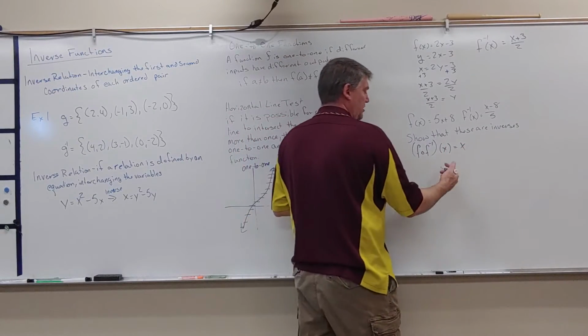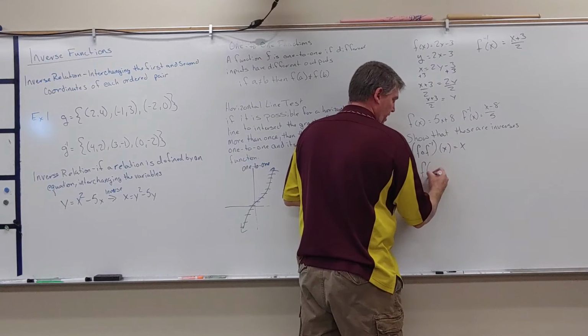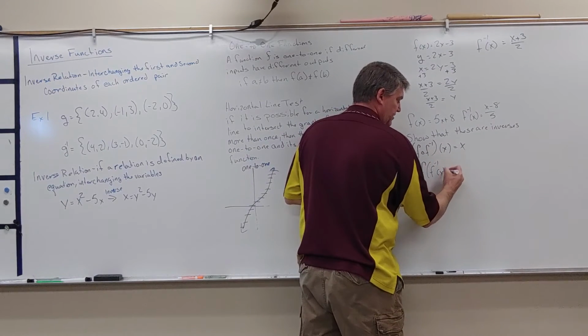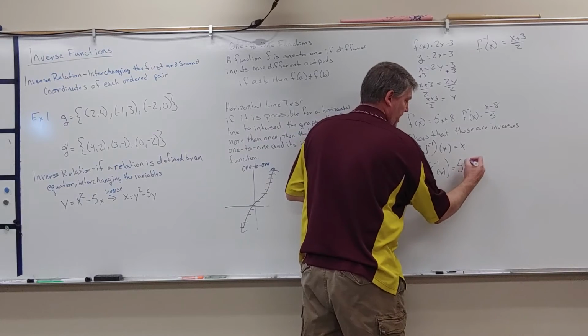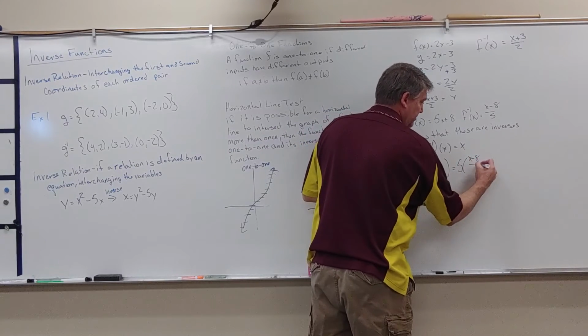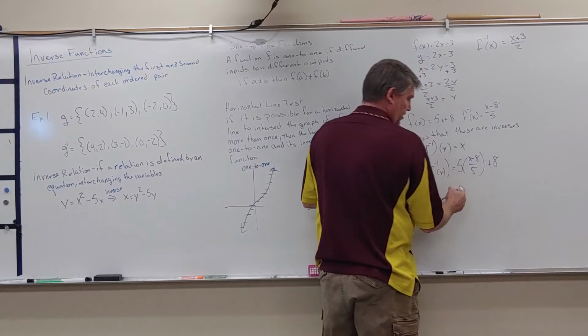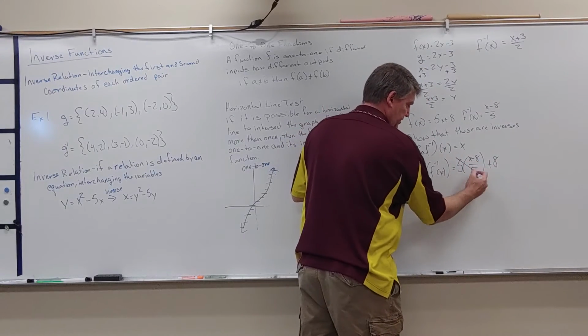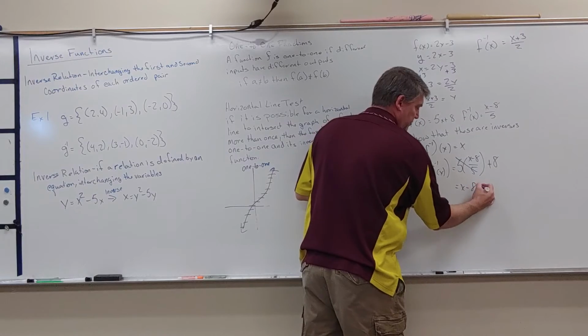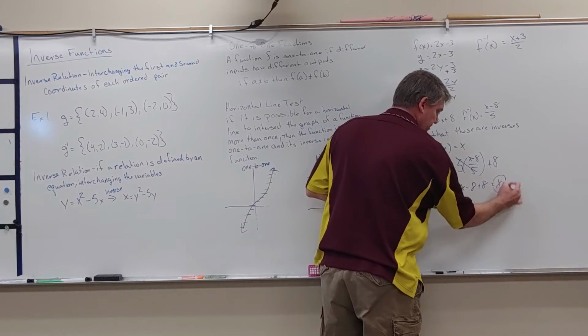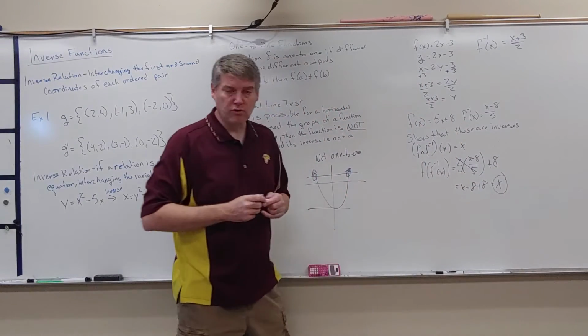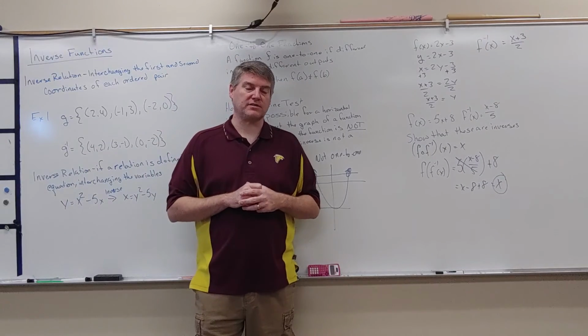So I'm going to plug this in. f of f inverse of x equals 5 times x minus 8 over 5, plus 8. When I multiply this, these cancel out, leaving me with x minus 8 plus 8, which is x. That is the proof that those are inverses.